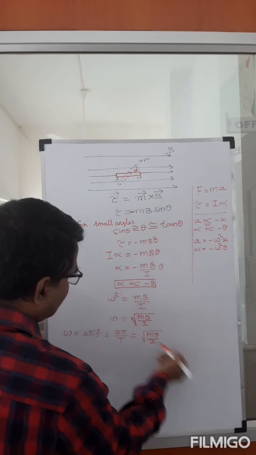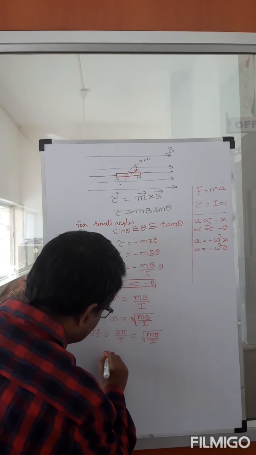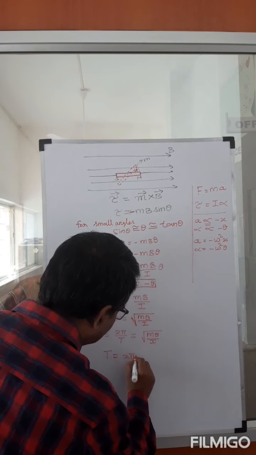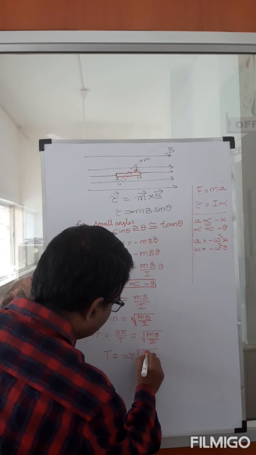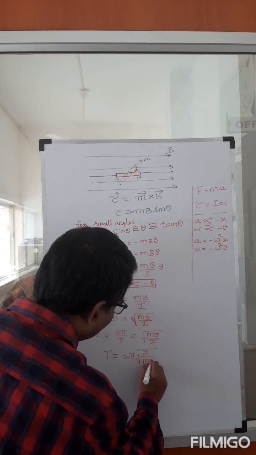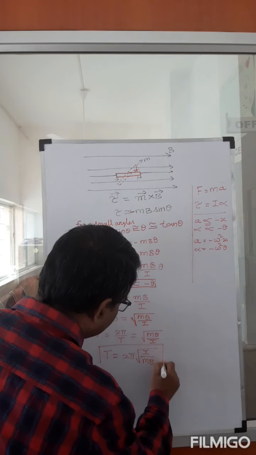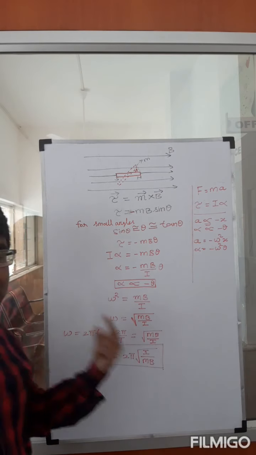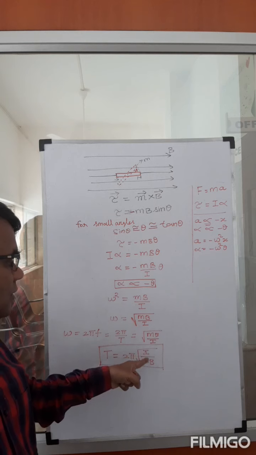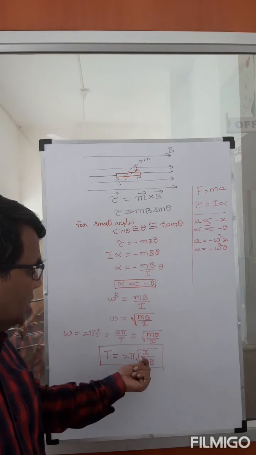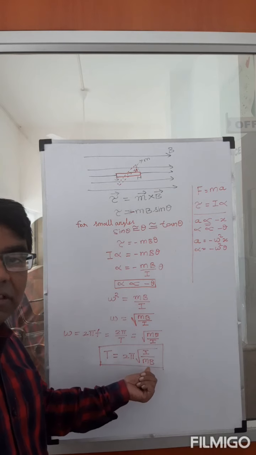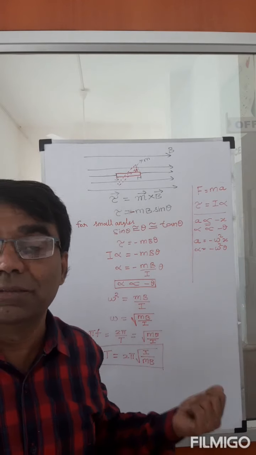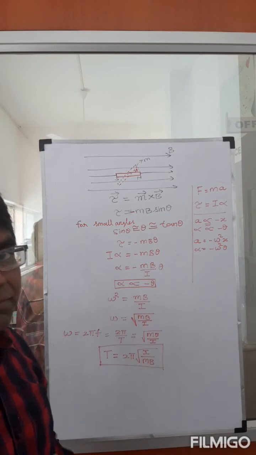If I take T there and this comes here, now T is given by 2 pi square root of I by mB. So this way I can find the time period of oscillation if I know the moment of inertia of the magnet, the magnetic dipole moment of the magnet, and B of the external magnetic field, not that of the magnet. Okay? So that I can find the time period.